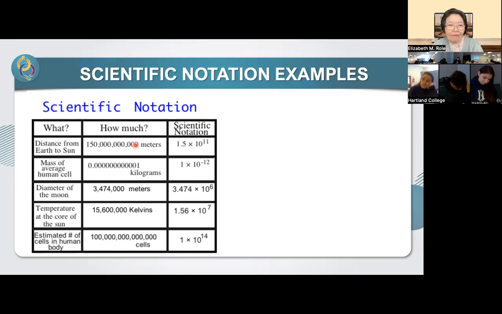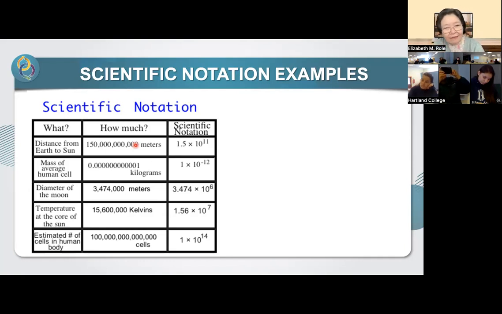When we now have a very small number, and that is the mass of an average human cell, this time we move the decimal point to the right. In other words, for a number that is too big, you count and move to the left until you get a number less than 10.